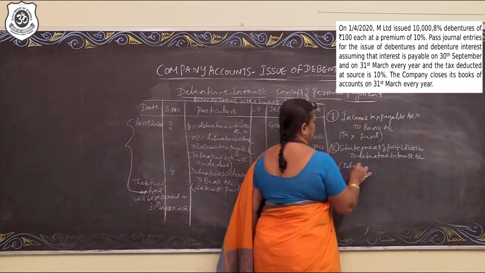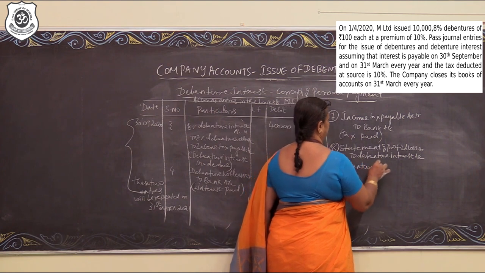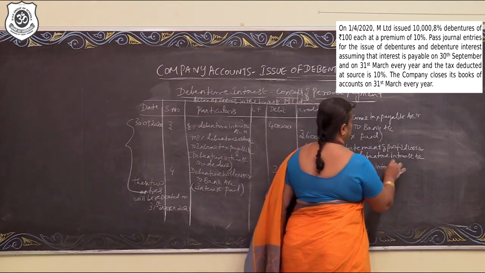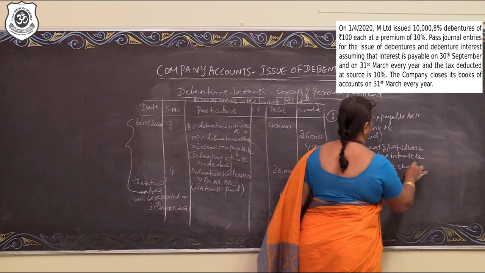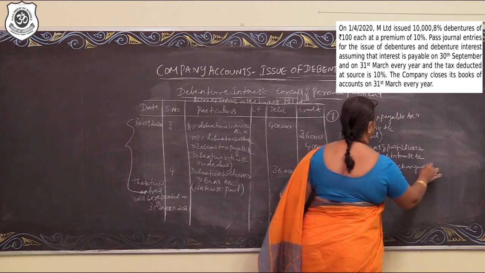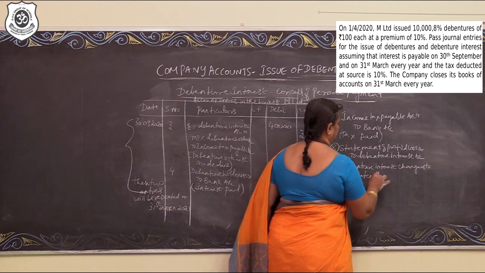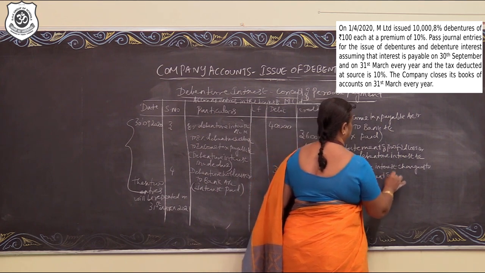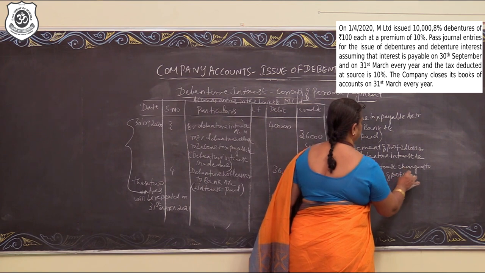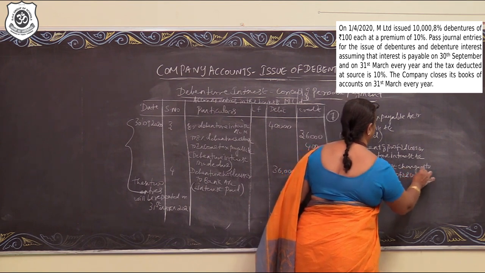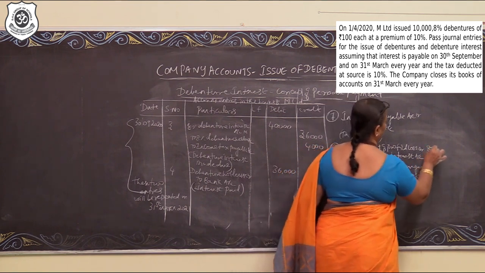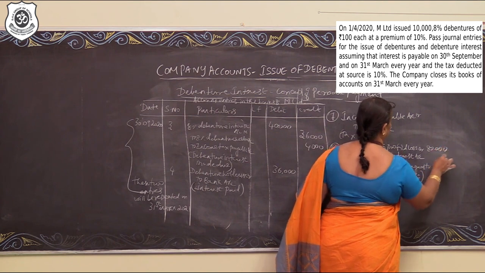Debenture interest charged to statement of profit and loss. Which will be full 80,000.